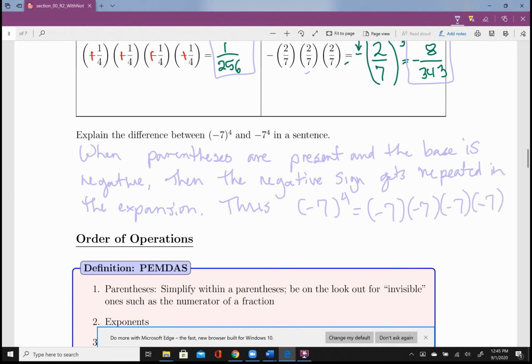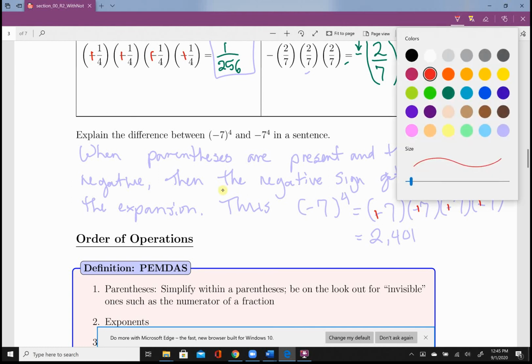Oh, what's -7 to the fourth power? Big old number, 2,401. I believe we did that one actually earlier. And it'll be positive, right? Because, and I'll go ahead and just along the way do boop, boop, boop, boop.